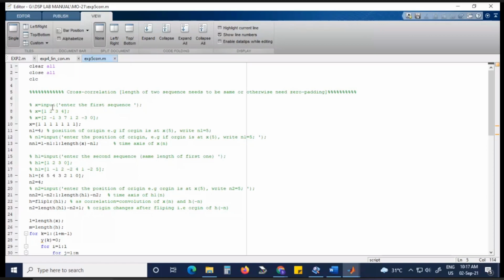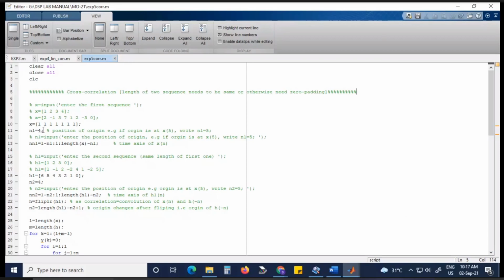I have kept both options: taking the inputs, and also giving the option to write the position of origin.